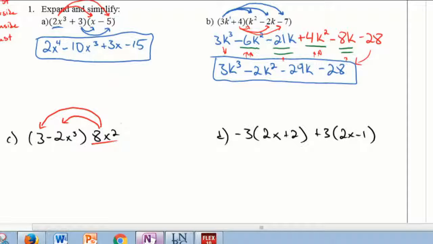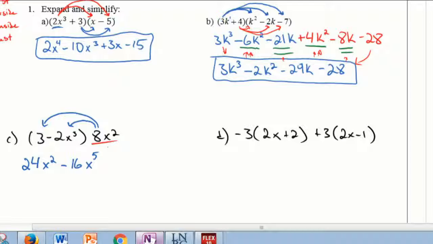So I'm going to take this 8x squared and multiply it by the 3 first, just because that seems like fun. 8 times 3 gives me 24x squared. Then I do the same thing and multiply it by this: negative 2 times 8 is negative 16, x to the power of 3 and x to the power of 2, add those together, I get x to the power of 5.